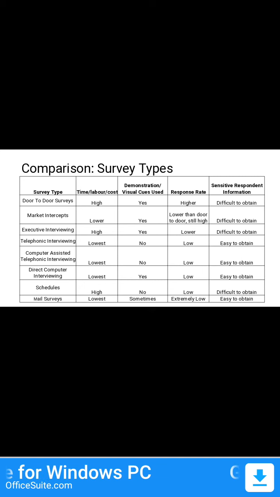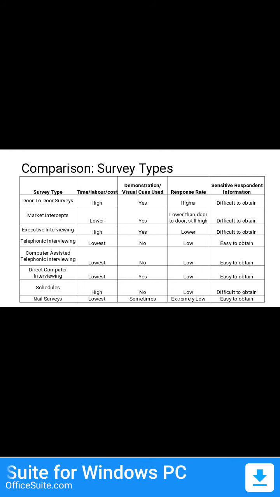Now you try and find out which survey methods would score over others, would be better than others on this particular criteria, and try and match your answers with the information given in the table. Just one clarification I'll give to you, in market intercepts, I'll give you an example. In market intercepts, since you do not have to go to the place of residence of the respondent, you are intercepting him when he is in the market.